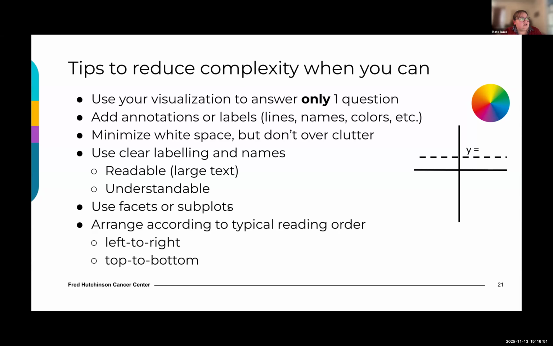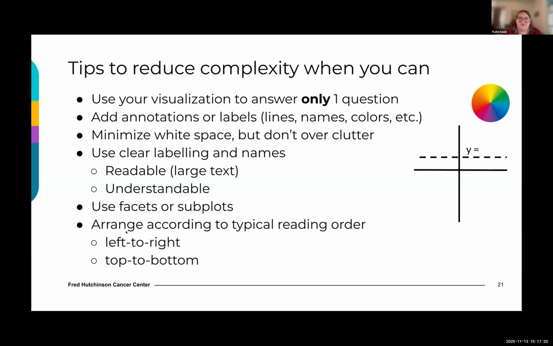An additional way to reduce complexity is using facets or subplots. Maybe you have several categories and they're all sort of on top of each other. You can use a subplot or a facet to break those categories apart and look at them next to each other or in different subplots. Another really good tip that we'll see a couple of examples of is arranging your data according to the typical reading order.